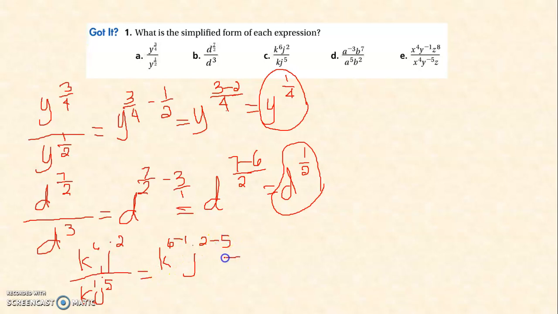Okay, let us now subtract the exponents. So k, 6 minus 1, that is 5. J, 2 minus 5, that is negative 3. So we have here k raised to 5, j raised to negative 3.